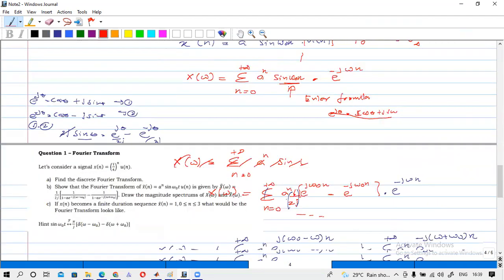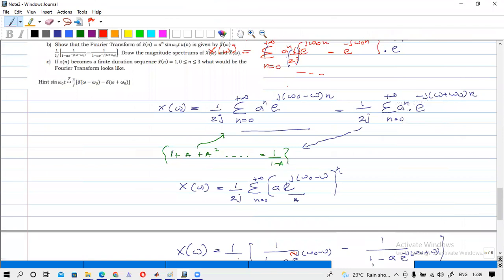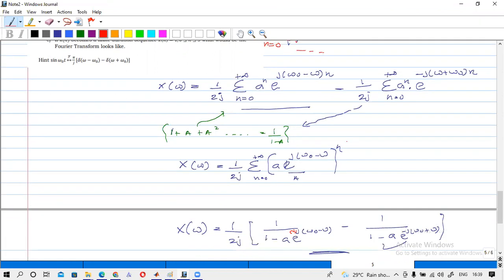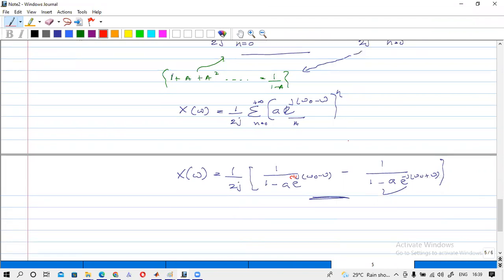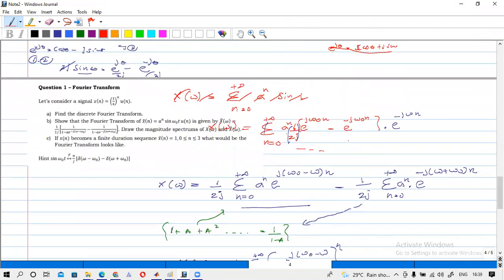So sine omega naught we can write as e to the j omega naught. I don't know whether I'm making a mistake, but actually I'm not sure about my approach also.